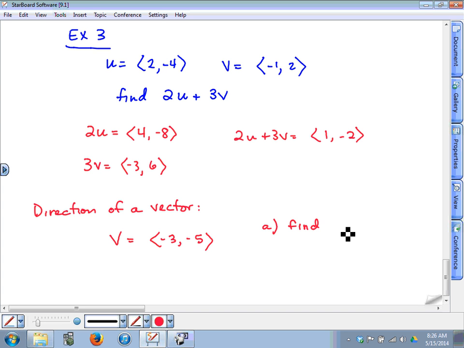I want you to find the magnitude again, just for practice. But then I want you to find the direction. The direction is described as a positive angle measure from the x-axis. So starting at the x-axis, the direction then would be the angle from the x-axis in the positive direction to wherever that vector is. And it's the same thing that we did by describing the angle of those complex numbers.